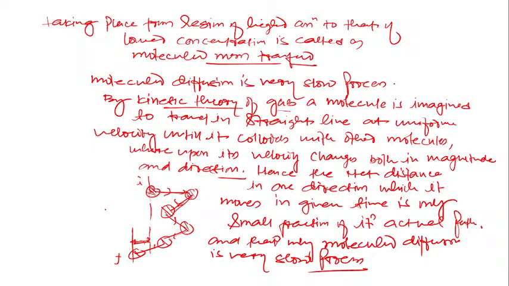Is this clear? So why is molecular mass transfer very slow? Because as I told you, as the sugar molecules diffuse, they again collide with other molecules and change direction, and again collide, and in a given time interval they only cover a very small fraction of the actual distance covered. The net movement in a given direction is very small, and that's why the rate of molecular mass transfer is very slow.